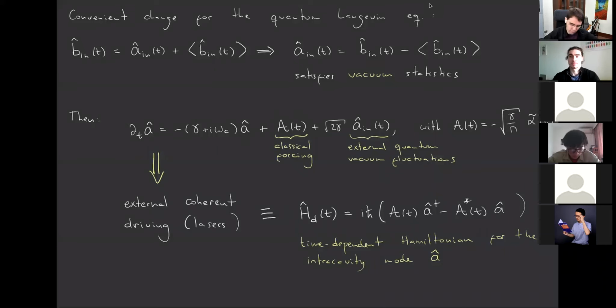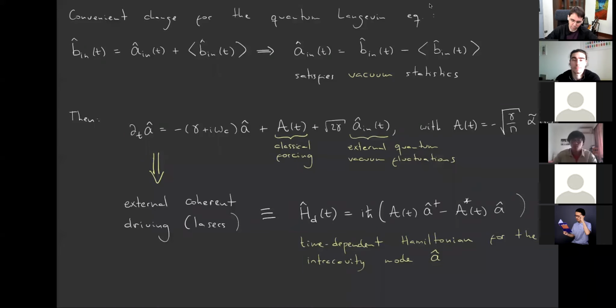Okay, so what we have seen is this very important fact that having external lasers, like driving the cavity and exciting the external field, is equivalent to just having a classical force in the evolution equation, the quantum Langevin equation, and this is equivalent to just having a Hamiltonian.